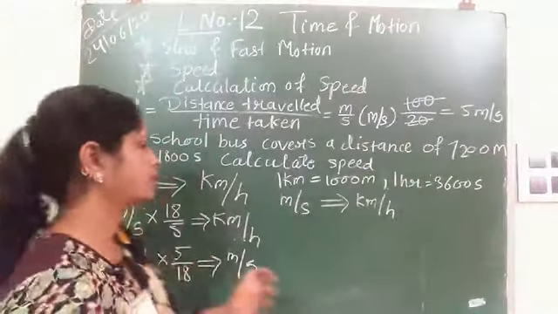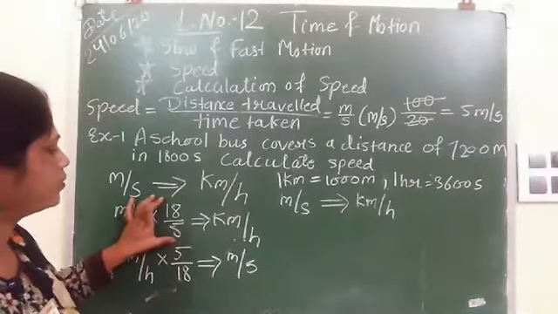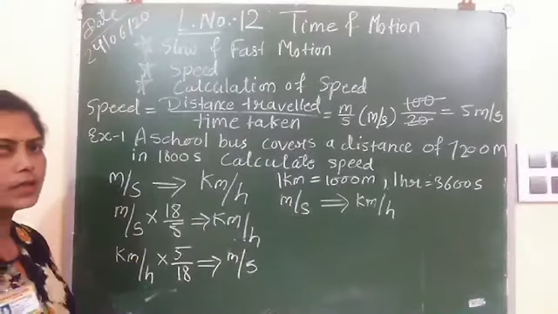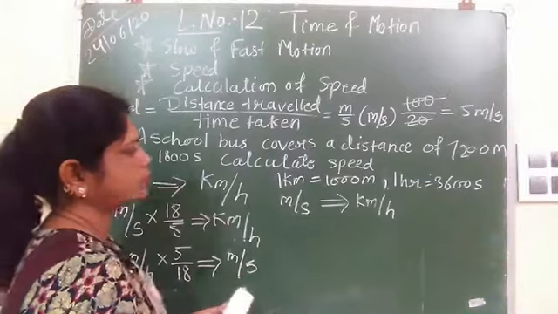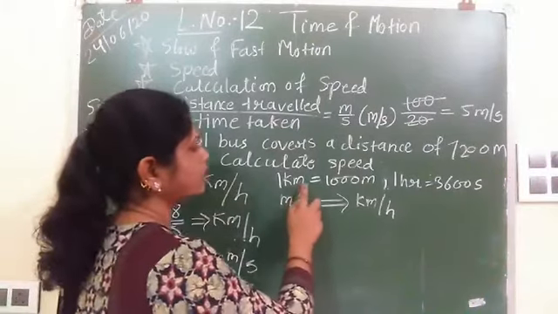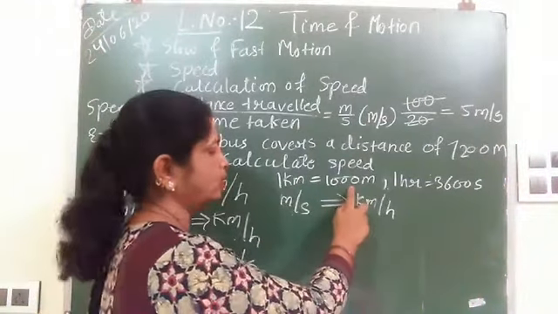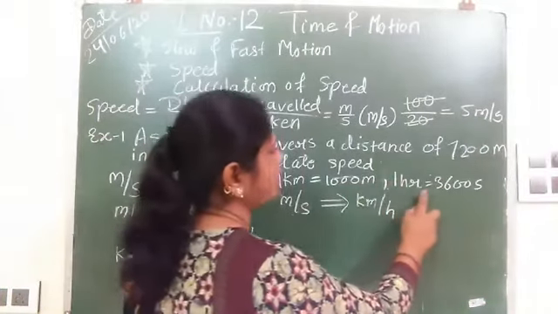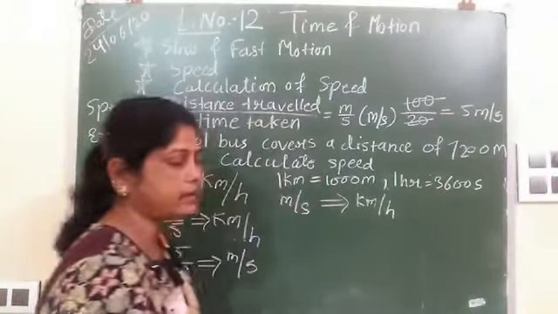Students, see how this 18 by 5 comes. You know that 1 kilometer is equal to 1000 meter, and 1 hour is equal to 3600 seconds.